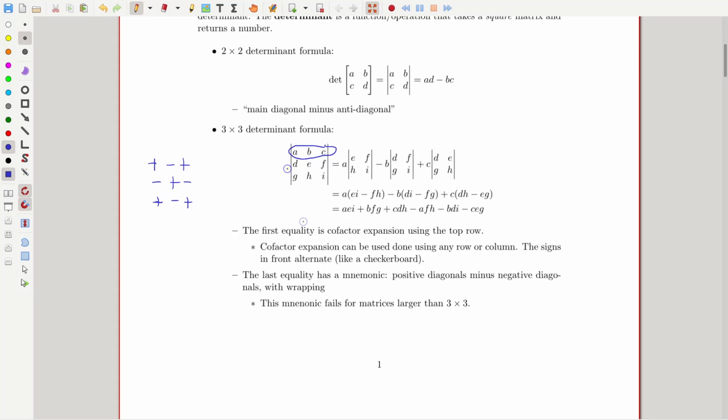If instead we had expanded along, say, row 2, you would end up with minus D something, plus E something, minus F something as the expression from cofactor expanding. Here I've written that you can cofactor expand along any row or column.